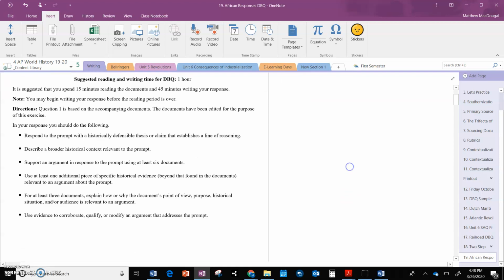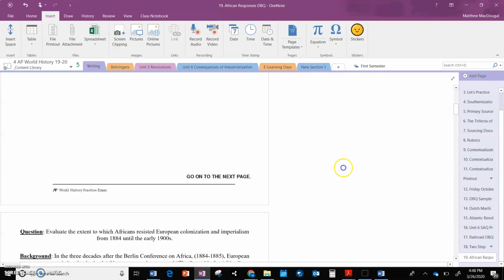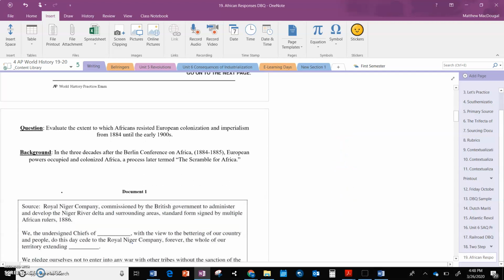And then there are all these other skills that we've been talking about, like HIPP-ing documents and looking at point of view and trying to determine how that influences the meaning of the document.